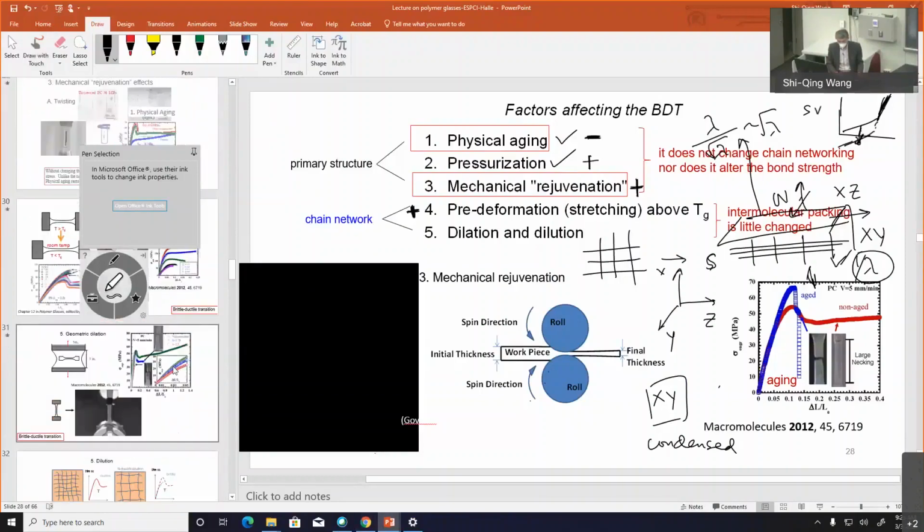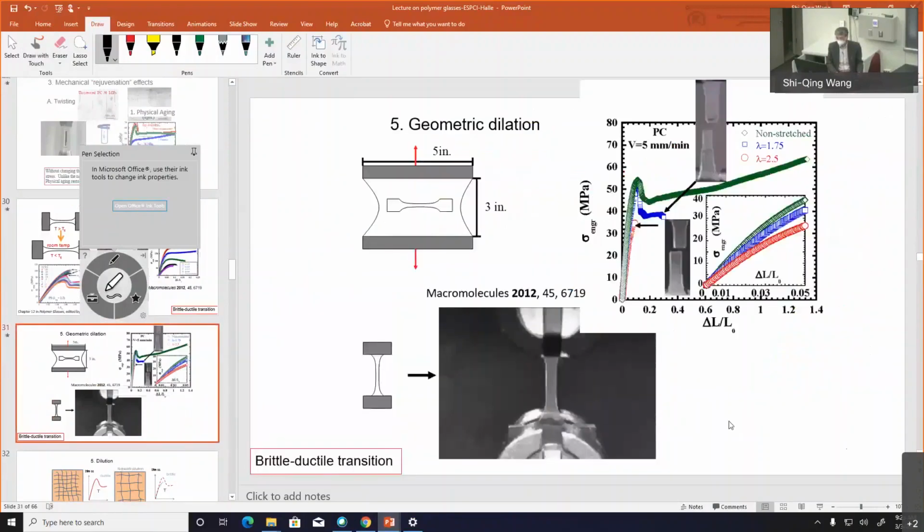And that's not surprising. That's this data. Effect number 5. So you take your sample, you draw it this way, and then you cut your sample transversely, and that sample turns out to be weaker, and it's brittle. And this movie shows you what brittle means.